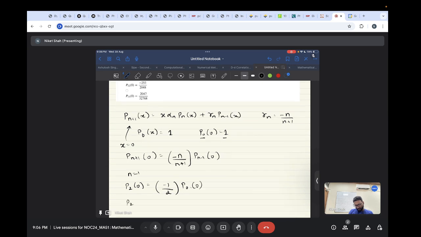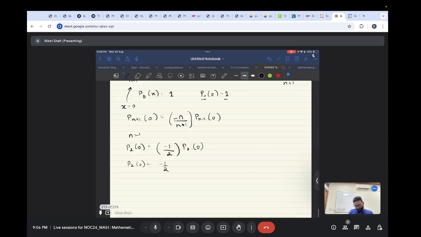So P2 of 0 is equal to minus half. For n equal to 2, P3 of 0 is equal to minus 2 by 3 into P1 of 0.